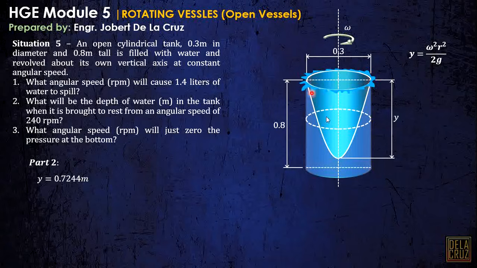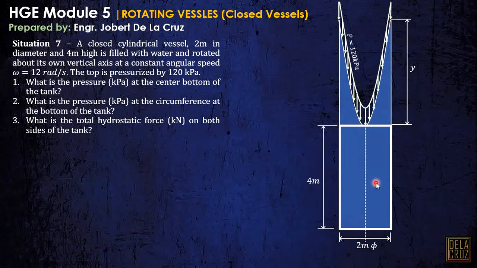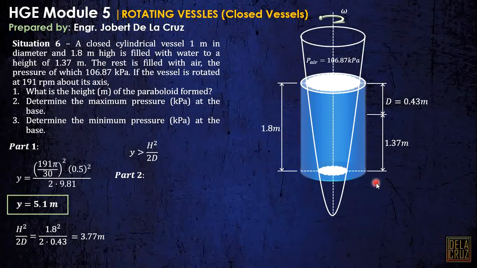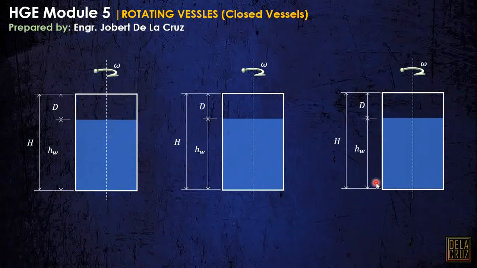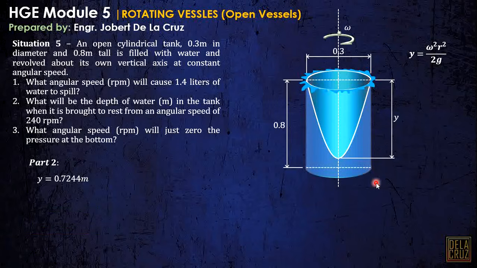The same yan ang ibababa niya. Okay, let me just go back. Nawala ako. Ito yun, no? Kung ano yung iaangat niya sa taas, yan yung ibababa niya. That means, this one is y over 2. Okay, y over 2, then this is also y over 2.